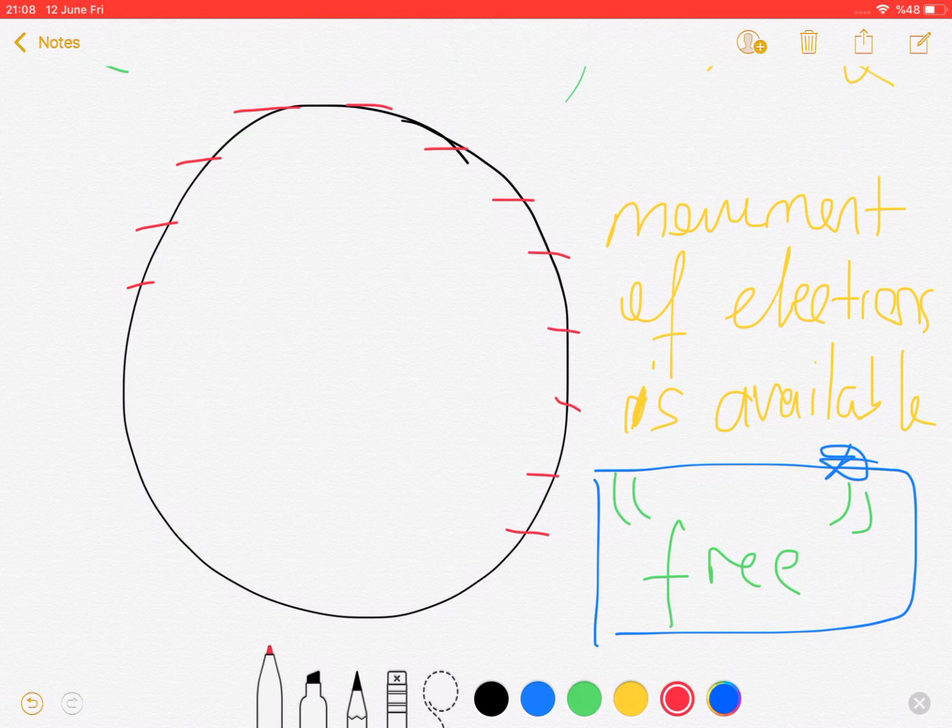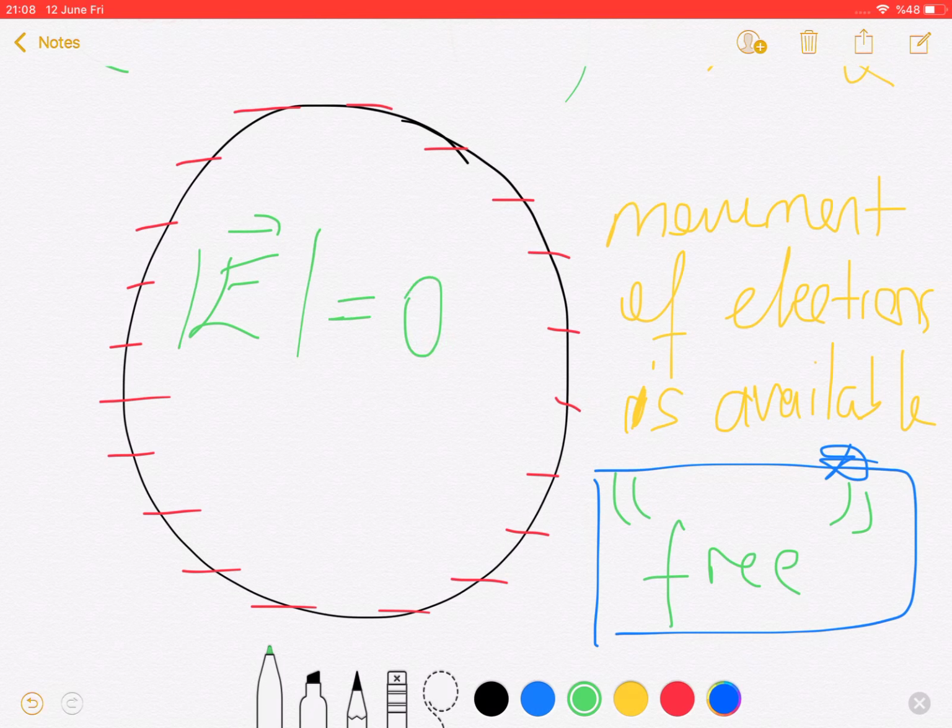So inside the conductor, the electric field equals zero. This is really interesting, isn't it? I was so surprised when I first heard it, but this is a fact. This is really happening.